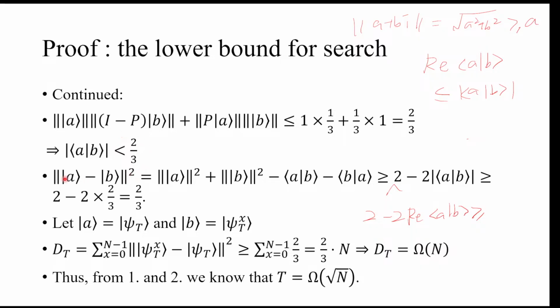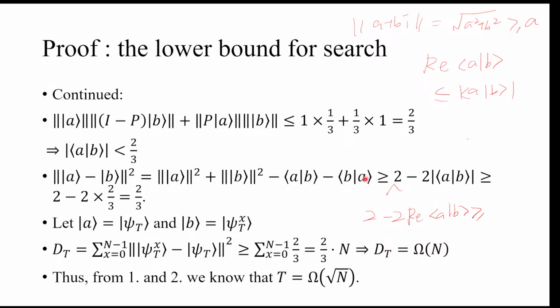Then we can lower bound the distance by our upper bound on the inner product. So we just multiply this out. This is the norm of a squared plus the norm of b squared minus the inner product of a and b minus the inner product of b and a. This is greater than or equal to 2 minus 2 times the real part of the inner product, because this thing is actually a real number, so it makes sense to write greater than or equal to; if you take the absolute value, it can only be bigger.